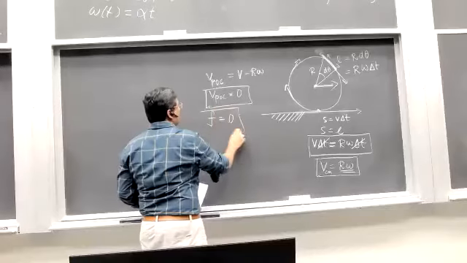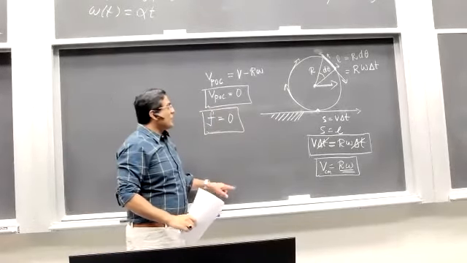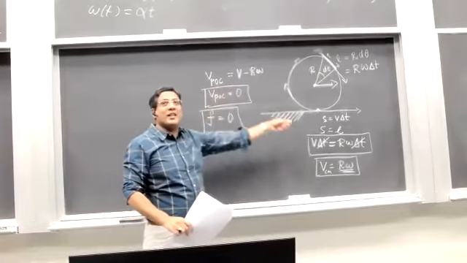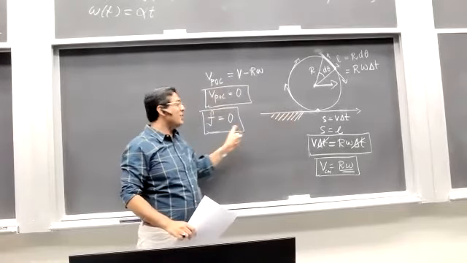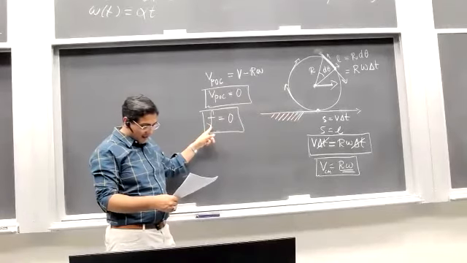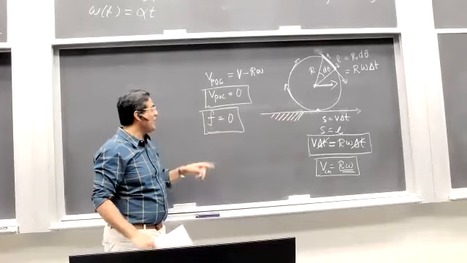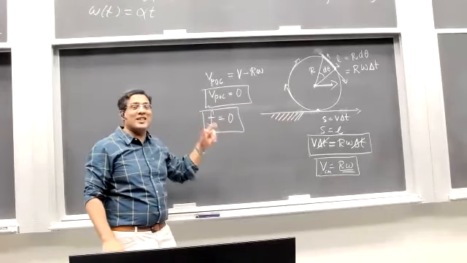It becomes 0. Because this is when you stop skidding and purely roll, the friction disappears, or at least the sliding friction disappears.